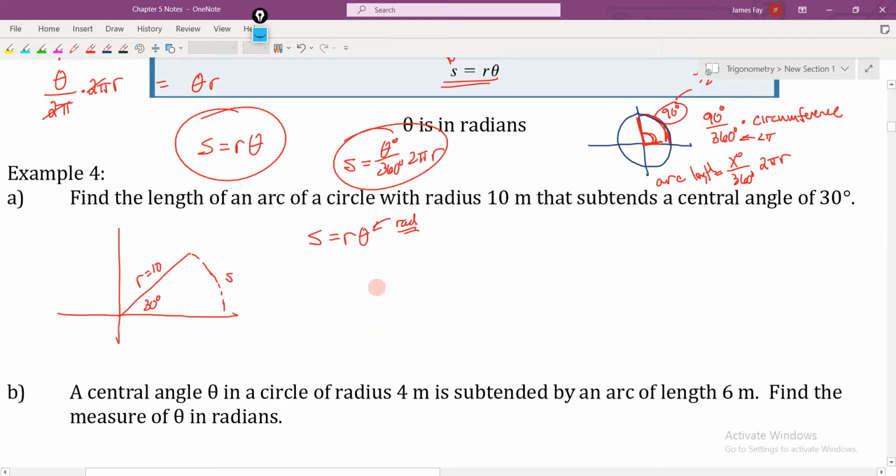I know we don't have the greatest practice at this, but we did previously in one of the examples that 30 degrees was the same thing as pi over 6 radians. So if I've got my radius of 10 and my pi over 6 radians, and this was 10 meters, we end up with 10 pi over 6 meters.